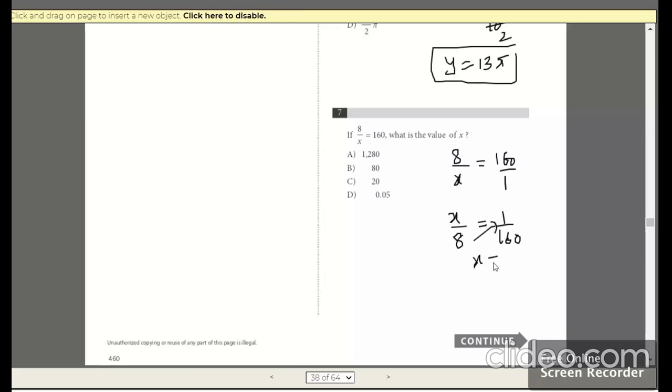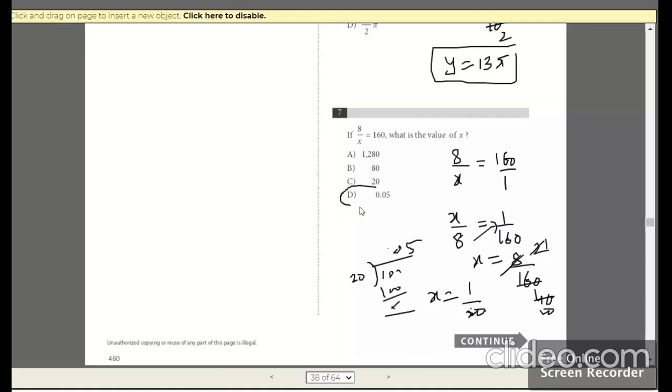So upon dividing and simplifying it, we are going to get an answer. 4 times 2 and 4 times 4, x is equal to 1 over 20. 2 times 1, 2 times 20. So just divide, that's your answer. Upon dividing 1 over 20, if you just look at it, 20 times 5 is 100, so that is 0.05.